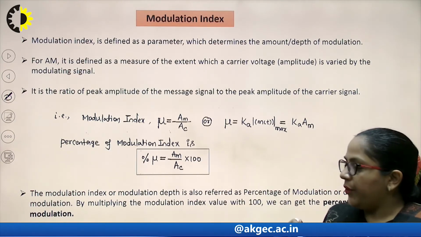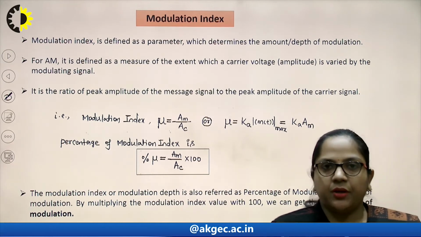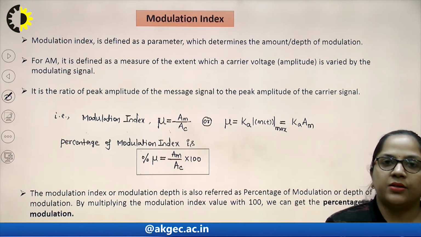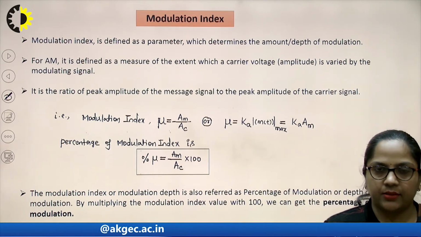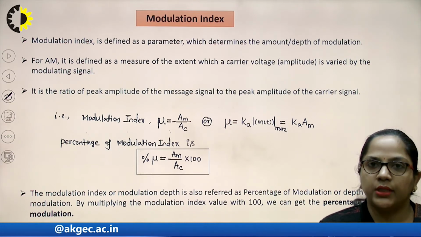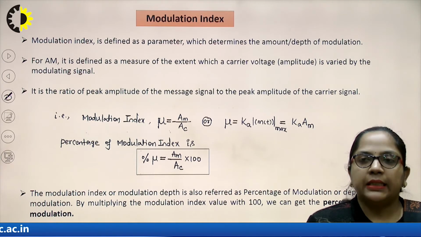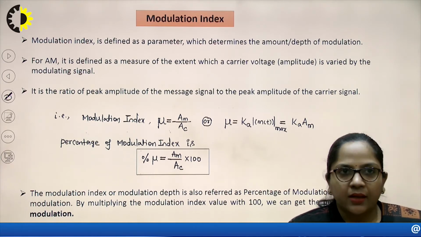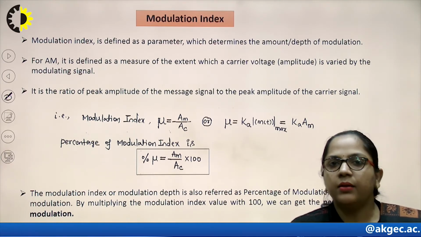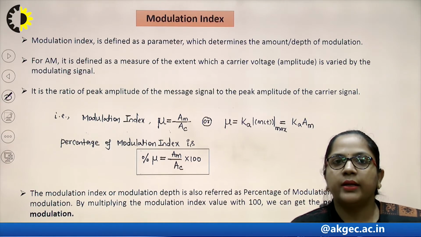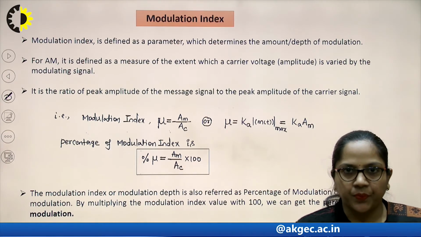In this amplitude modulated waveform expression, we have seen a term that is called modulation index. Let us understand what is modulation index or modulation factor. Modulation index is defined as a parameter which determines the amount or depth of modulation.